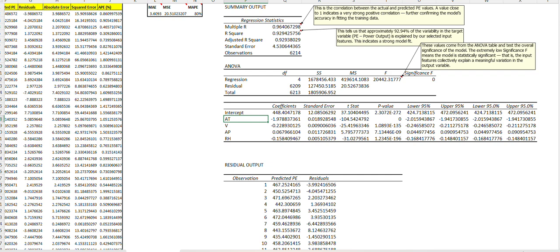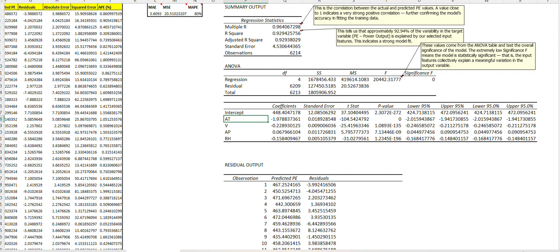From the regression summary, the first thing I looked at was the R square value, which indicates how well the input variables explain the variation in PE. A high R square also shows a good model fit. The R square value tells us that approximately 92.94% of the variability in the target variable, that is PE, is explained by the selected input features.